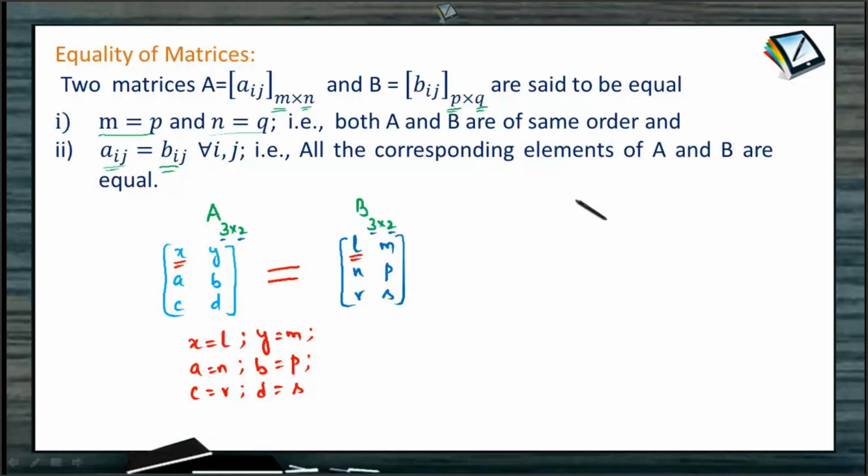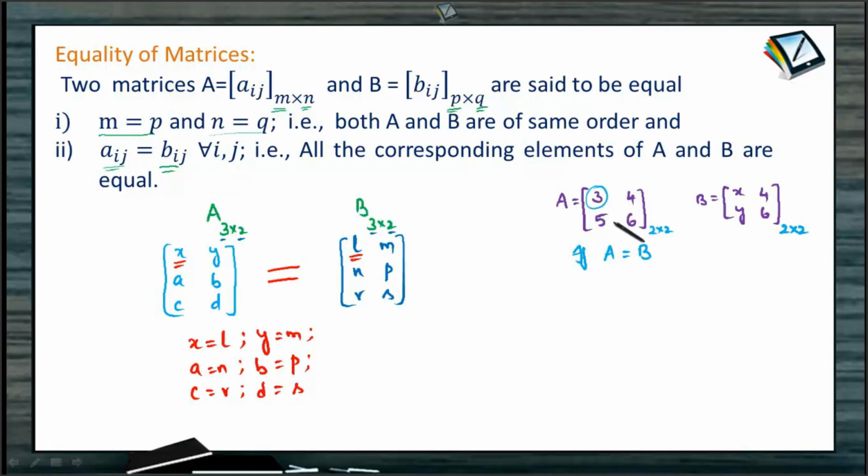Now as a simple example, I have a matrix A defined as 3, 4, 5 and 6 and another matrix B defined as X, 4, Y, 6. Now can you identify for what values of X and Y these two matrices will be equal? Yes, if A and B are equal, first the orders must be same. A is a matrix of order 2 by 2, B is also a matrix of order 2 by 2. Then the corresponding elements must be equal.